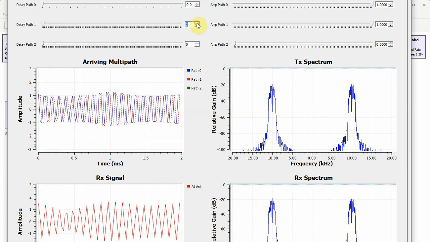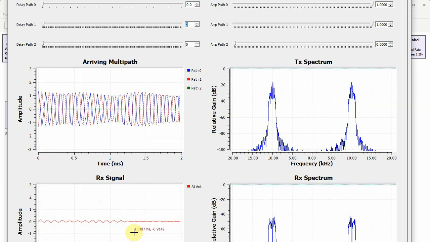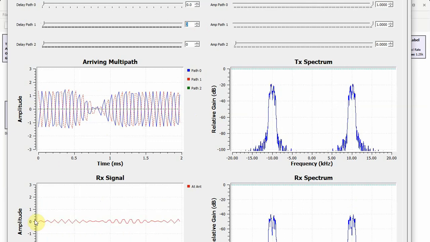One, two. These are two different multipaths, and now they are clearly seen to be different. And once that happens, we can see that the signal is drowned out. The power of the transmit spectrum is also in time domain, this has almost become zero. This is what we call destructive interference due to the arriving phase.